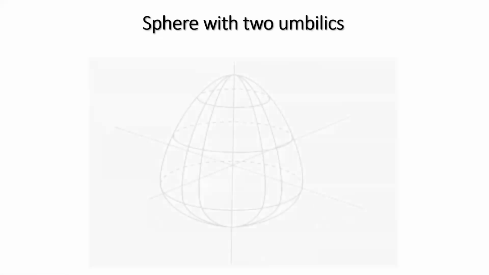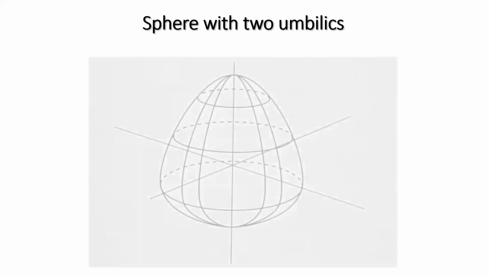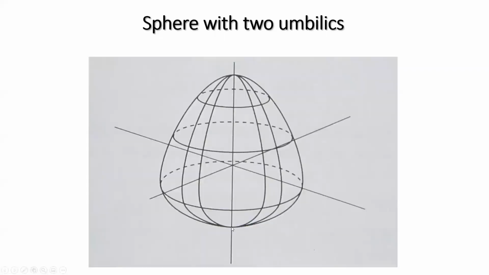For instance, we have the sphere with two umbilics. In this case, you have an umbilic on top and one right here on the bottom. At each point you have, of course, two orthogonal directions, maximal and minimal.